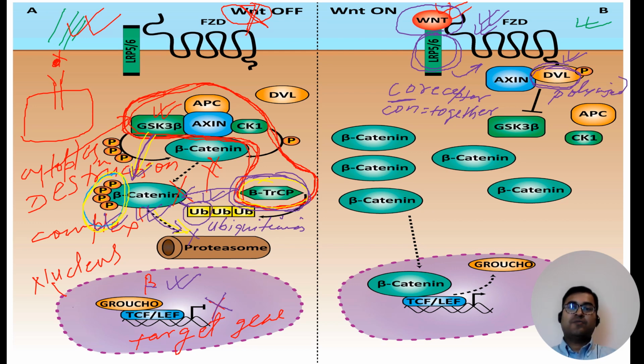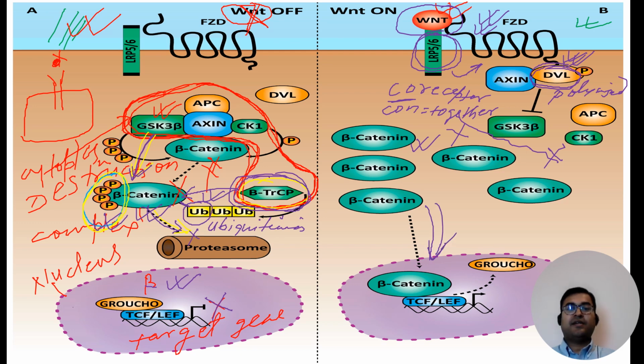Because of this polymerization, this Dishevelled protein is going to disassemble this destruction complex. So there is no destruction complex here now. And since there is no destruction complex, this beta-catenin will not be destroyed, and it is free to enter into the nucleus.